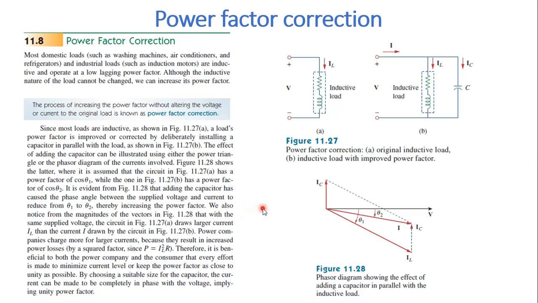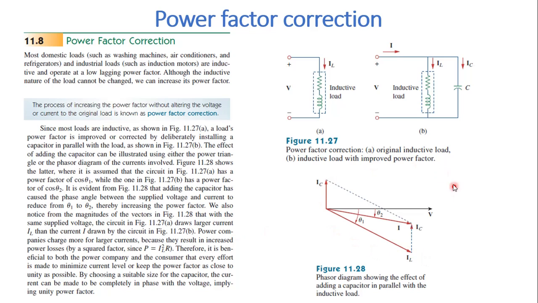Thereby we can increase the power factor. We also notice from the magnitude of the vectors in figure 11.28 that with the same supplied voltage, the circuit in figure 11.27a draws a larger current IL than the current I drawn from the circuit.